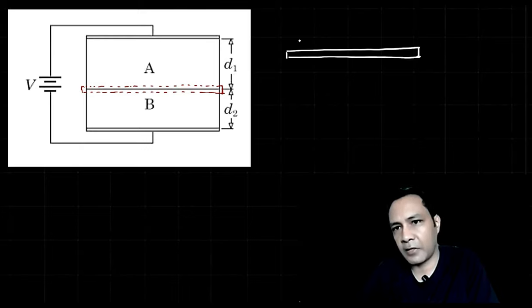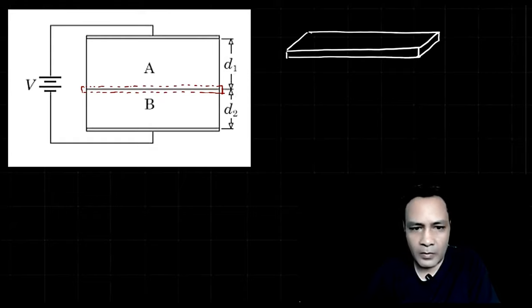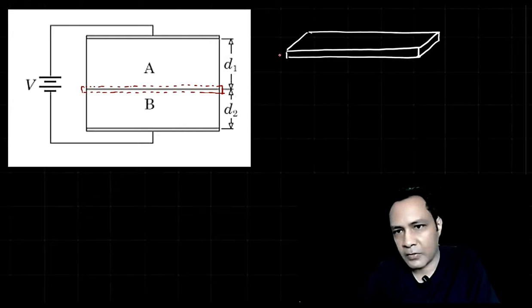It contains the interface, like that is the Gaussian surface, and this is the common interface. So the charge that is contained is at that interface.